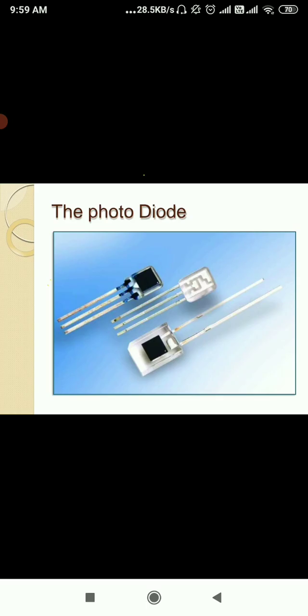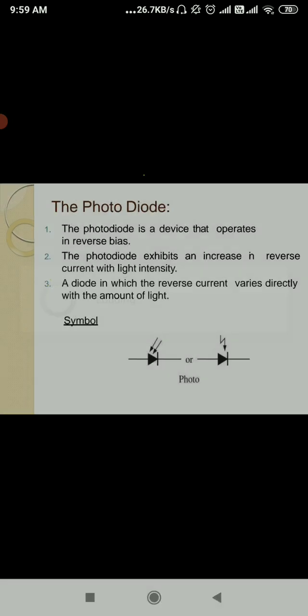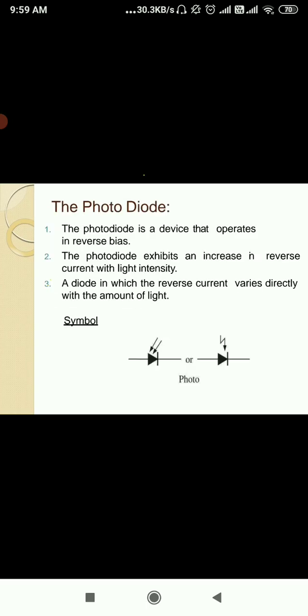If you see practically, photodiodes look like this. Here we will see the symbol for the photodiode. What is the difference? It is also exactly like a PN junction diode. Only what is the difference? Here you need two arrows, inward arrows. Why? Because they are taking the light.